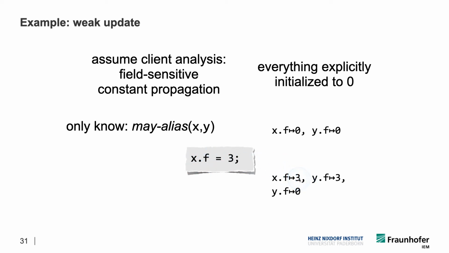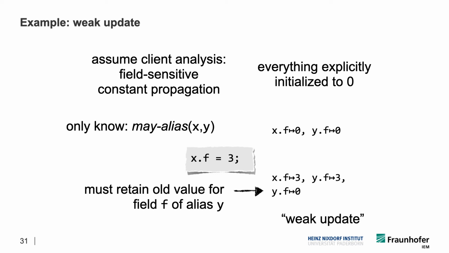But with aliases, we also do the update, but in addition, for this alias variable y and the field access y.f, we also retain its previous state, because we don't know for sure whether it has been updated or not. And this kind of update, where you retain all the old information for alias pointers, is called a weak update. That's the whole point about it.